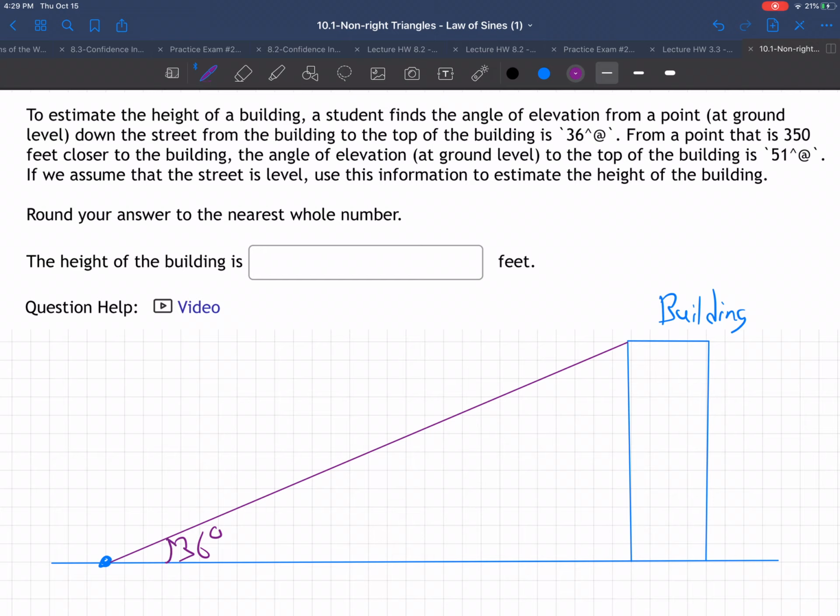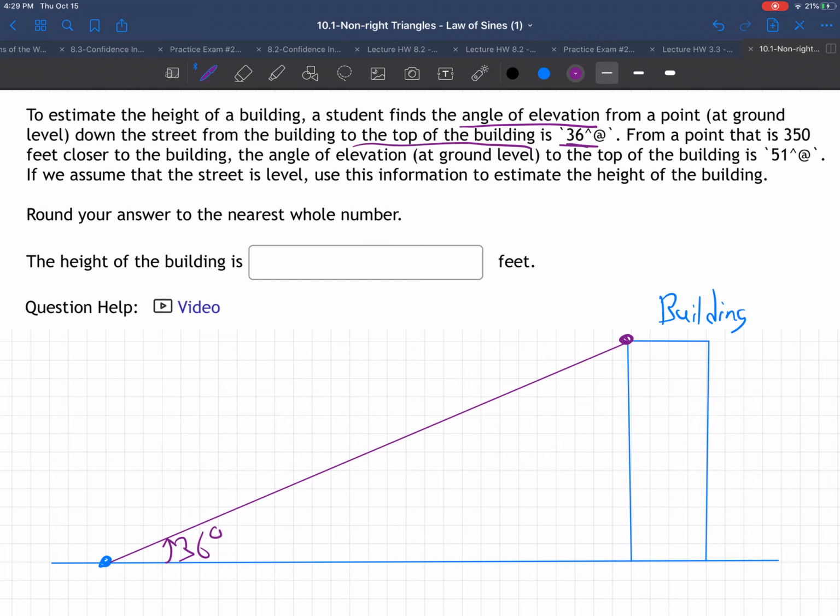That's an angle of elevation. Angle of elevation means up from flat. An angle of elevation is from flat up to looking at the top of the building, to the top of the building, 36 degrees.